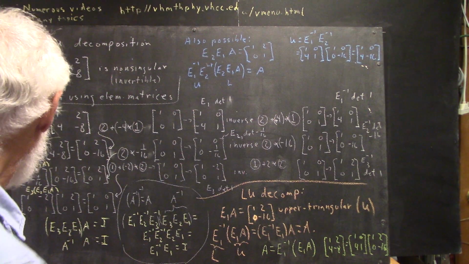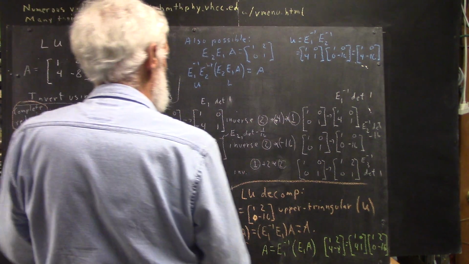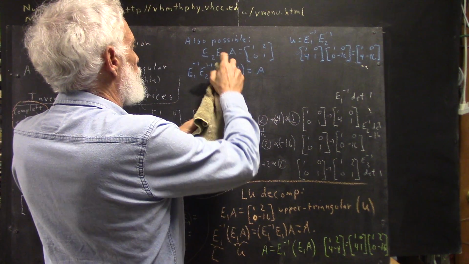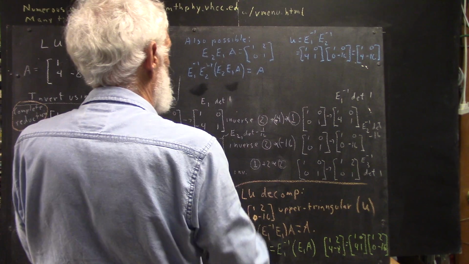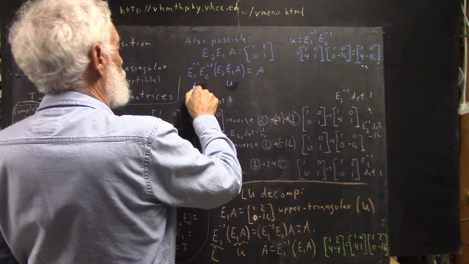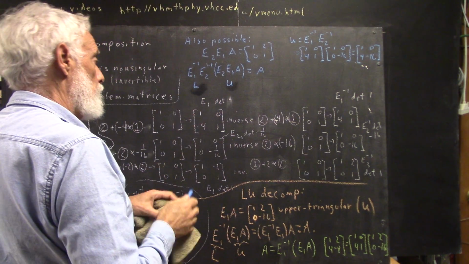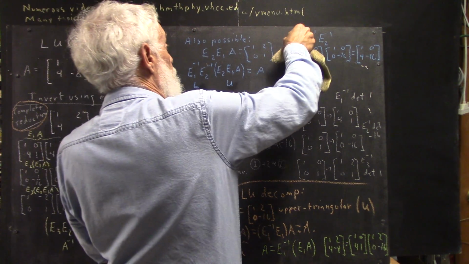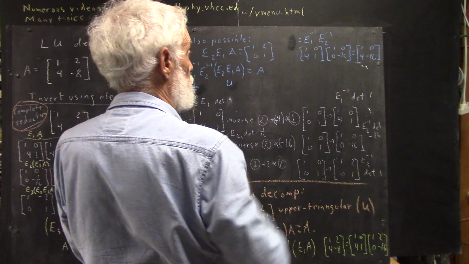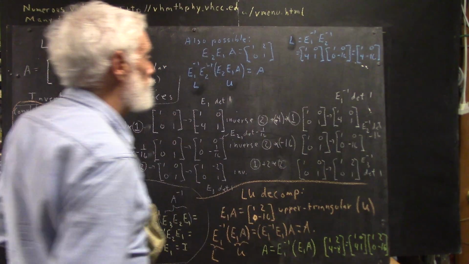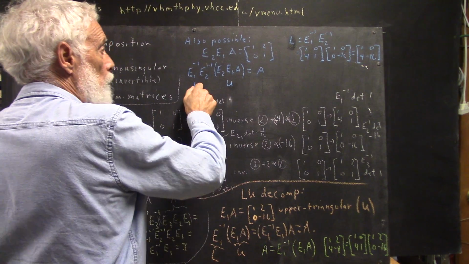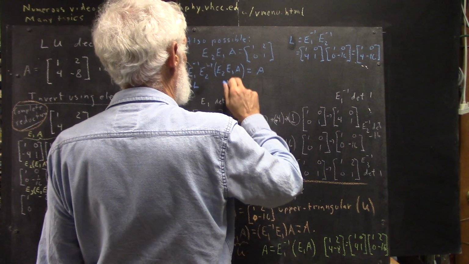The order that we say this in is LU, but of course what I got here, E2 E1A, is upper. This is a product of lower triangular matrices. So this is the matrix L, not the matrix U. Okay? So now we can say that the lower triangular matrix is this, the upper triangular is this.